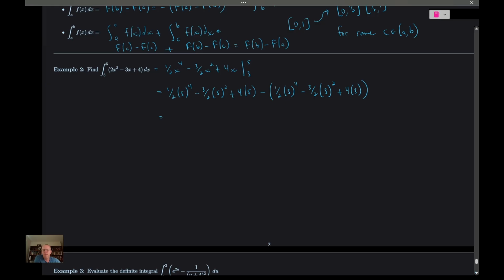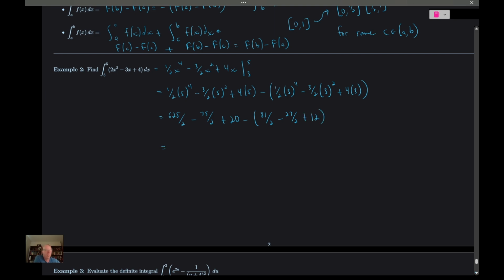All right, so we get 5 to the fourth, I think, is 625 halves. 5 squared would be 25, so that'd be minus 75 halves, plus 20, minus 3 to the fourth is 81 halves. This would be 27 halves, and then plus 12.